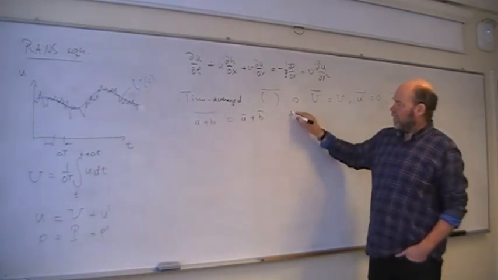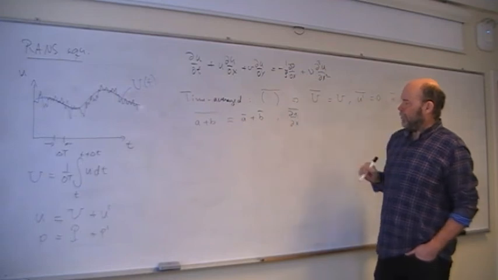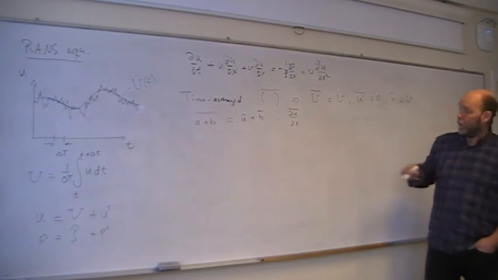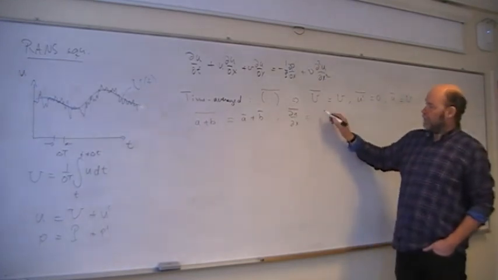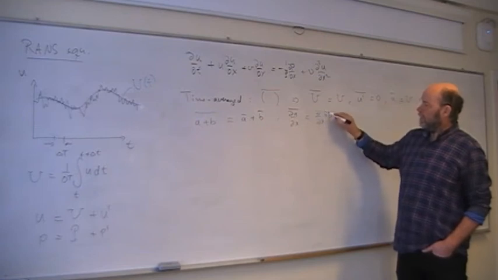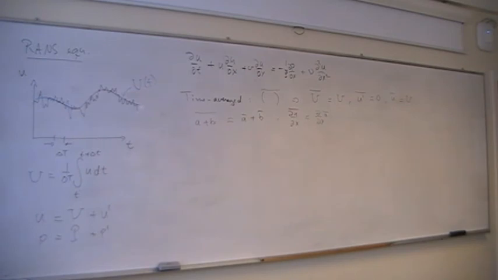Also, if you have a quantity and you want to take the time derivative, space derivative, or time derivative for that matter, it's the same as making an average first and then taking the derivative, and so on. So this is simple statistics, simple math.